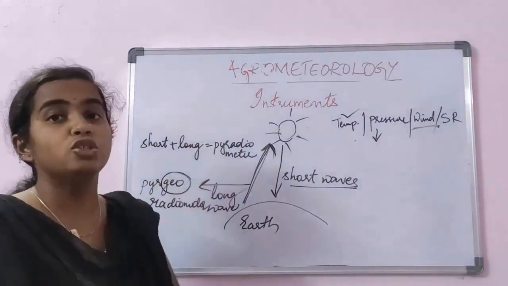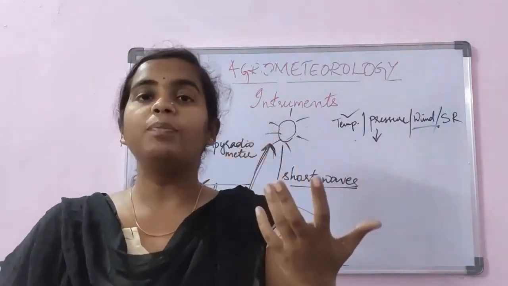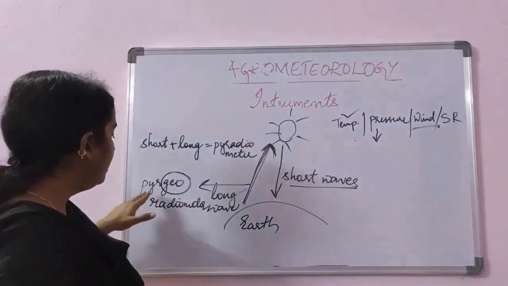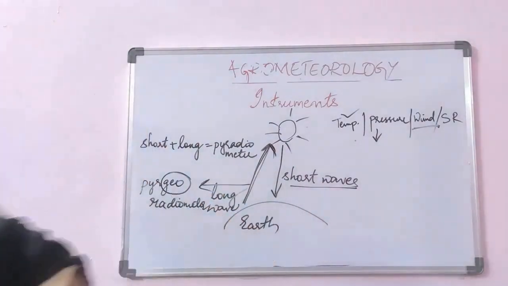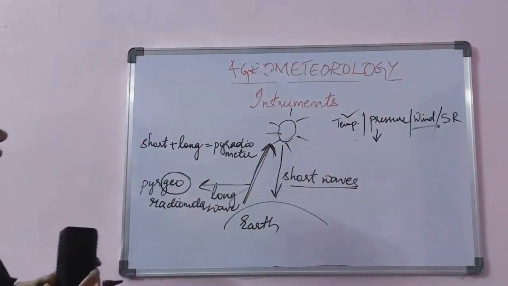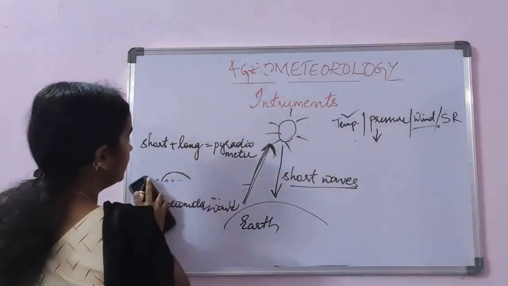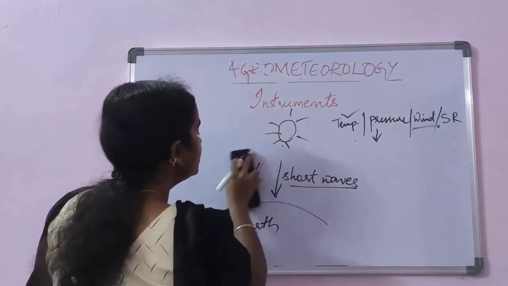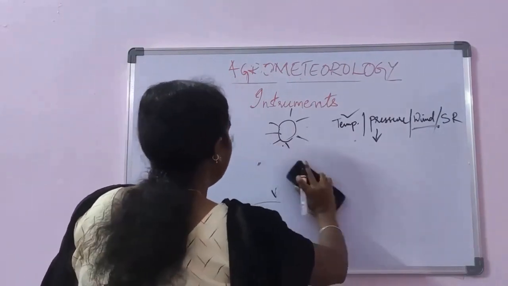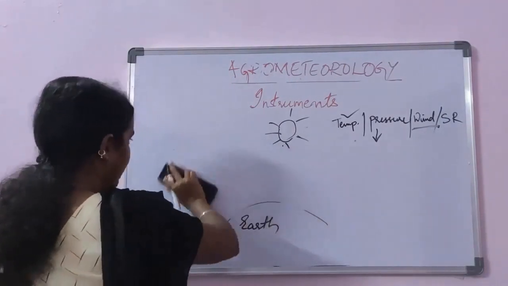Geo means earth. So the radiation which will be emitted from the earth, we can remember as pyrgeometer or piezometer.